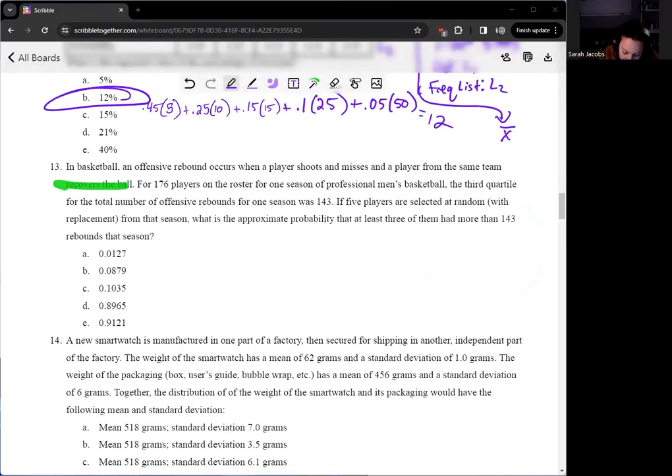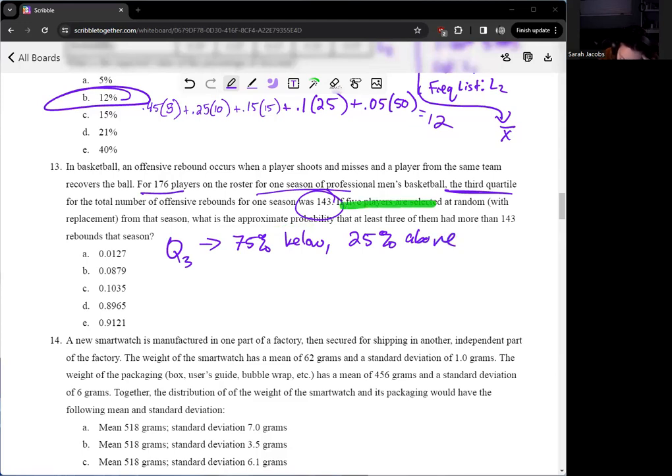In basketball, an offensive rebound occurs when a player shoots and misses, and a player from the same team recovers the ball. There are 176 players on the roster for one season of professional men's basketball. The third quartile for the total number of offensive rebounds for one season was 143. So third quartile means that 75% is below and 25% is above.